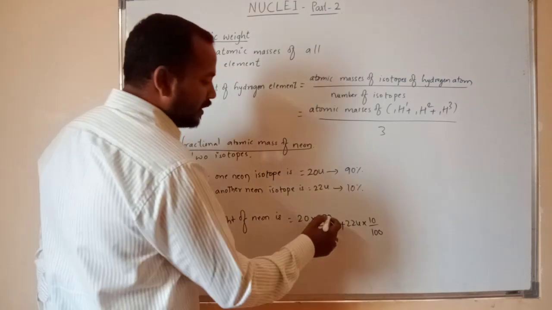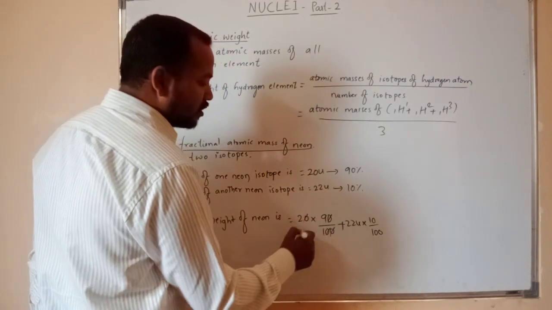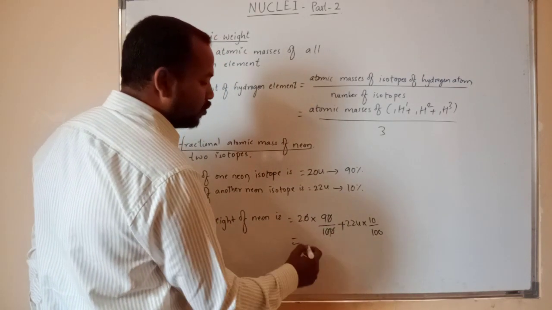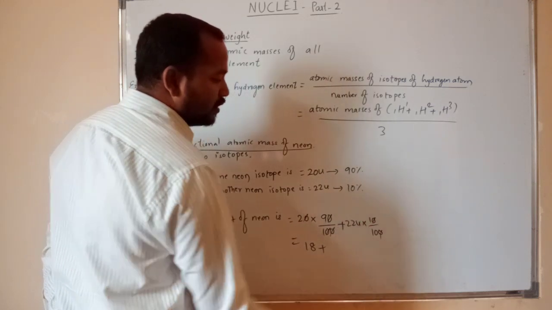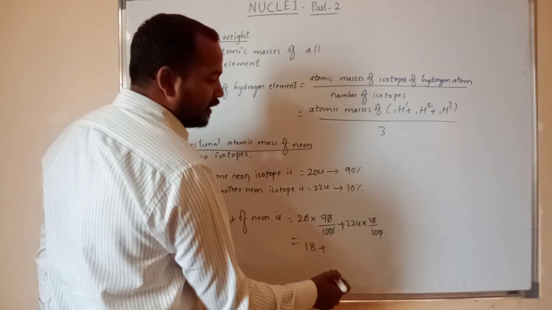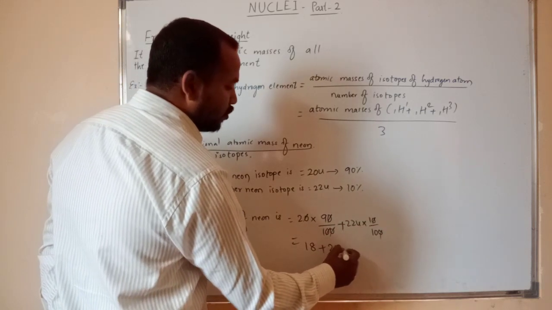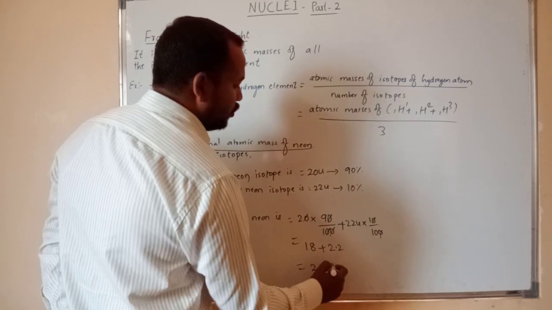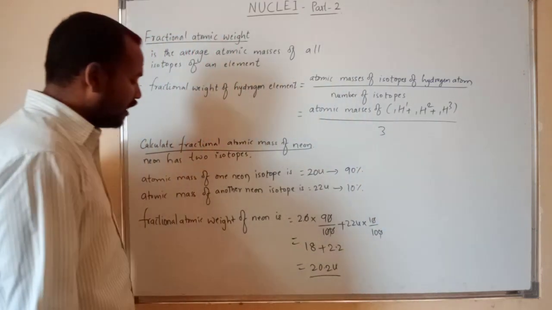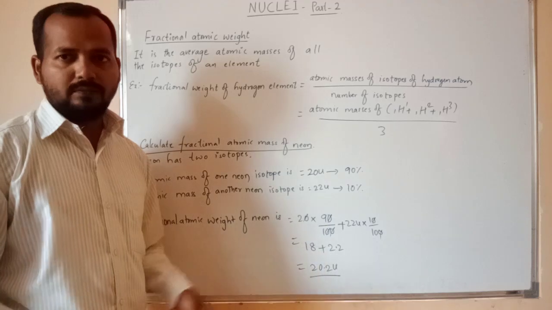By calculating this, the zeros get cancelled. This will be 9 into 2 is 18, plus 22 by 10 is 2.2, which is equal to 20.2 units, the fractional atomic weight of neon.